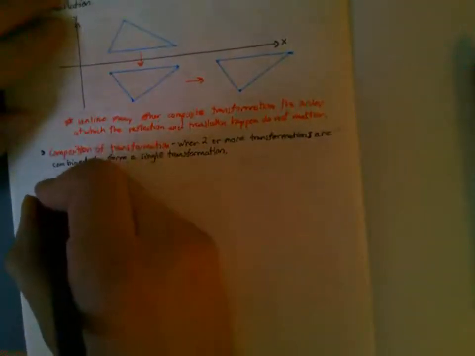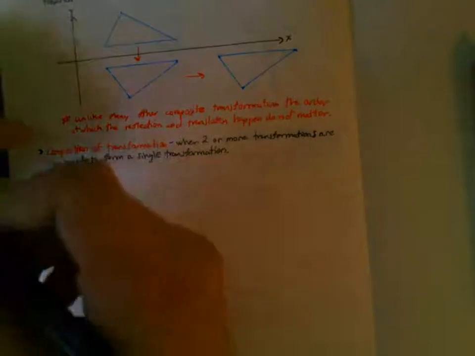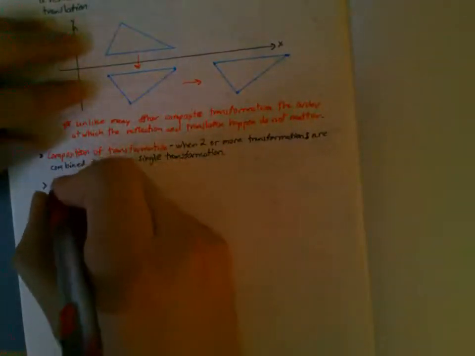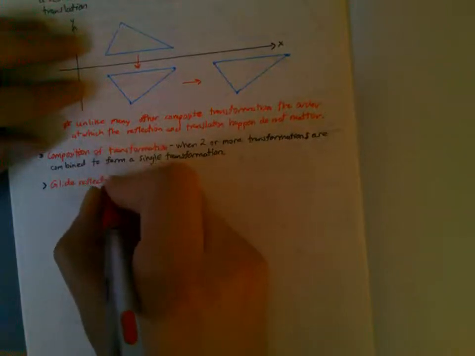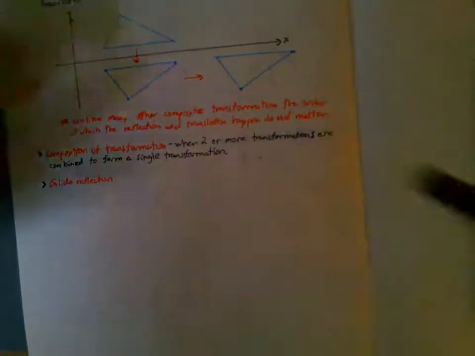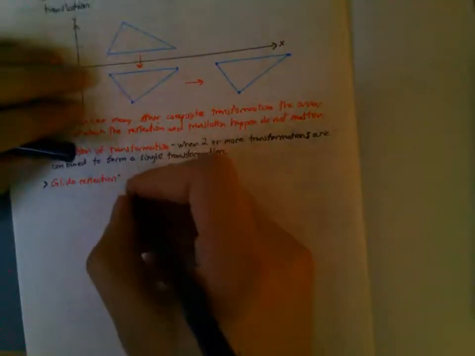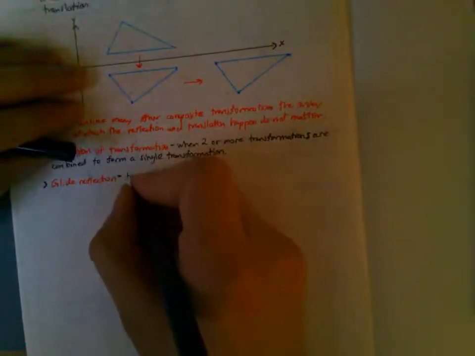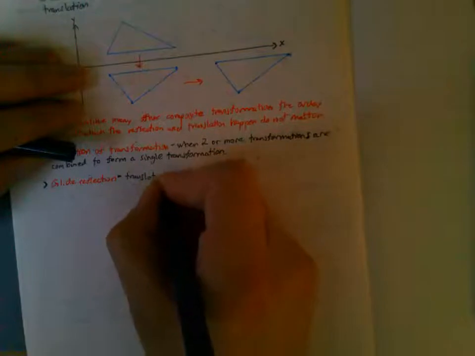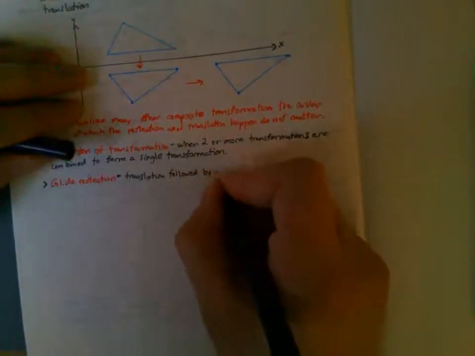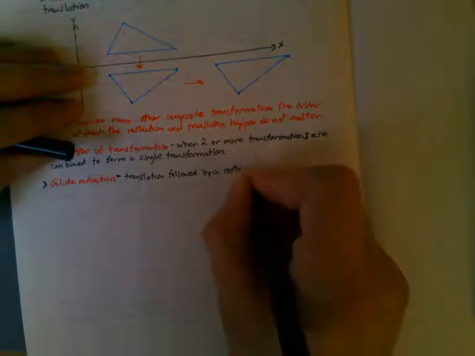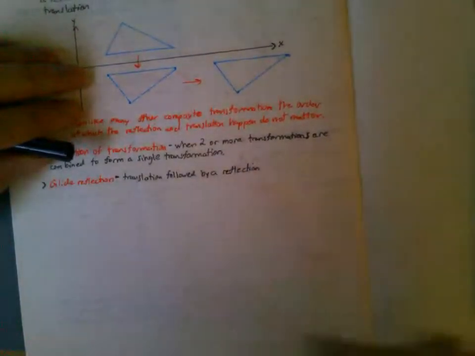The other term we introduced was glide, or glide reflection, which is a translation followed by a reflection. Again, the order doesn't matter, so I could have said reflection followed by a translation.